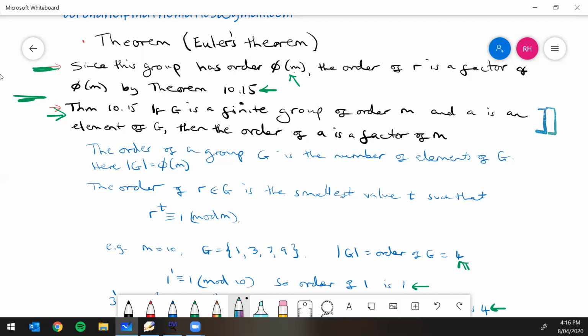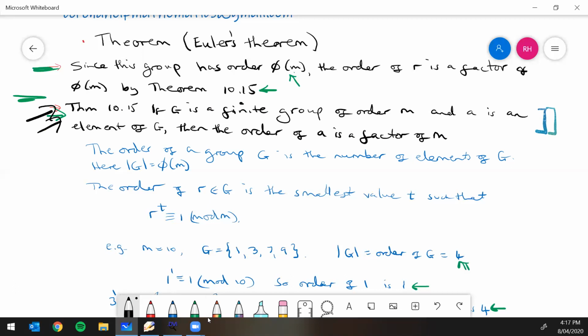Now, if you want to go into more detail and spend more time, you could try and come to terms with theorem 10.15. It's a very beautiful theorem. It's actually a very useful theorem in abstract algebra. So it's worthwhile. The other thing is, if you're following what I'm doing, then theorem 10.15 is not too hard.